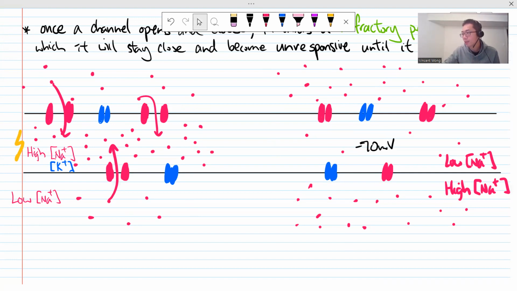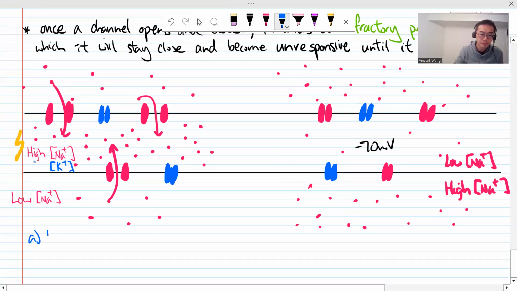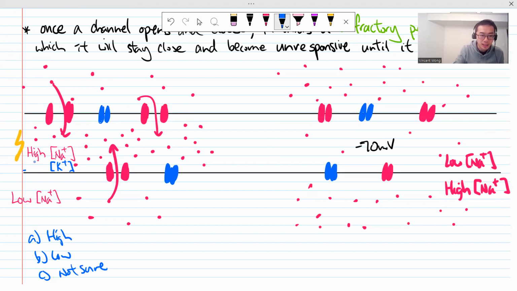We have some high, we have some low. Look at the original picture and think about what's happening. Is the potassium high on the inside, or is it low? It's okay to not be sure. What should I put here for the inside?